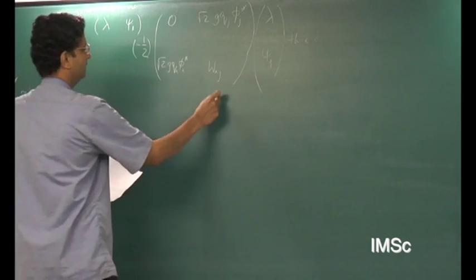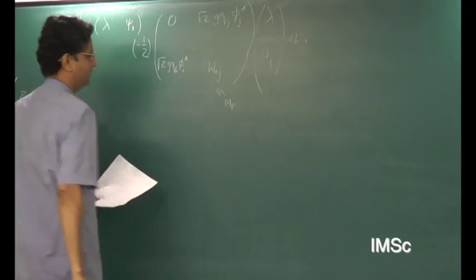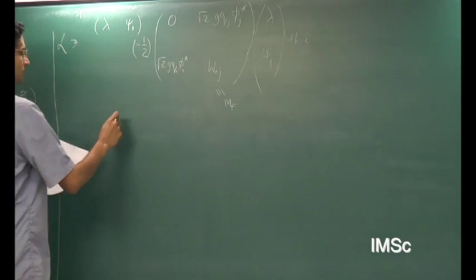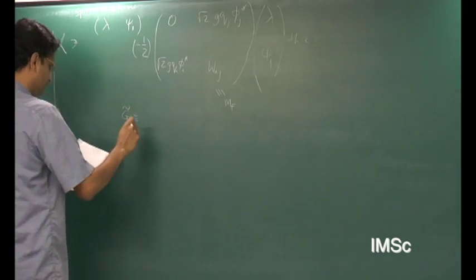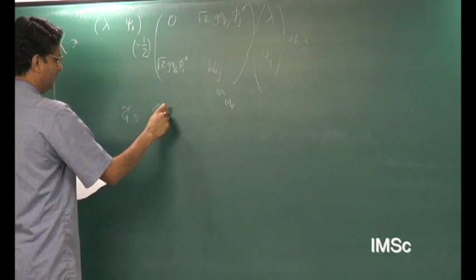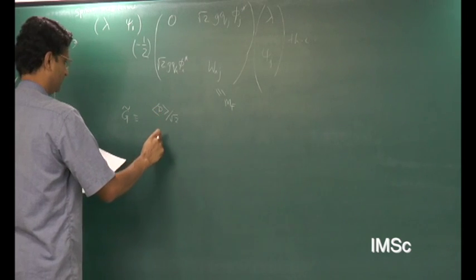So let's define this mass matrix as M_F, and let's say that there is some D term breaking and F term breaking with these vacuum expectation values.